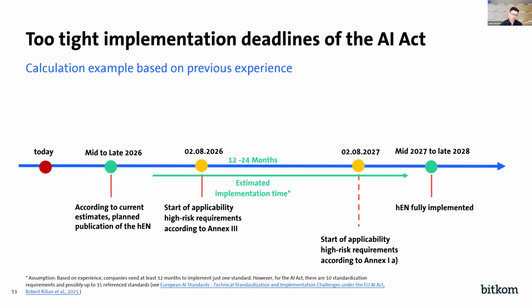Otherwise, you might always have residual concerns: is this really sufficient, would it stand up in case of a trial? But if you follow these harmonized European standards, you get the so-called presumption of conformity. That means if you follow the standard, you automatically complied with the law. So this is very helpful for very many companies, and we're urgently expecting this, but it's such a big problem because they are delayed.